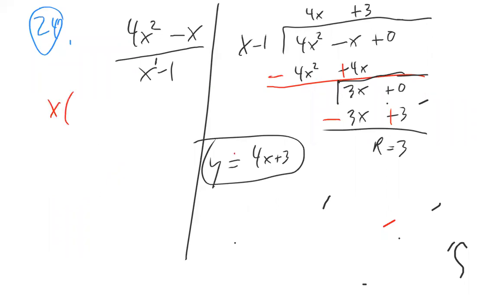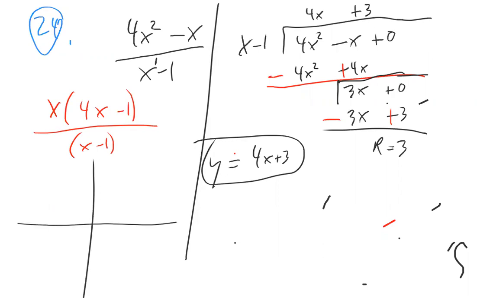So x can factor out, leaving you with 4x minus 1. And in the bottom, you have x minus 1. So when you draw the graph of it, you should have an oblique asymptote y equals 4x plus 3, like this. Kind of like this. Going through y equals 4x plus 3, which is a line that's going upwards.